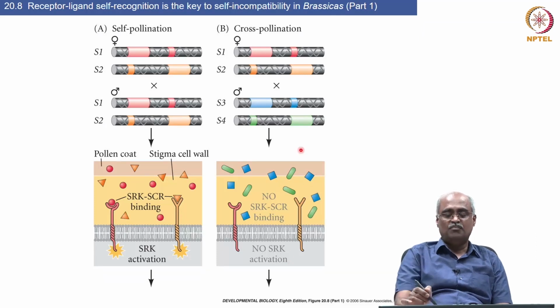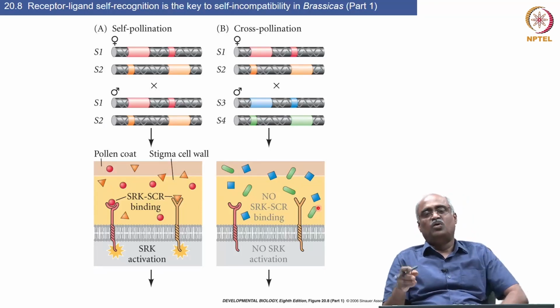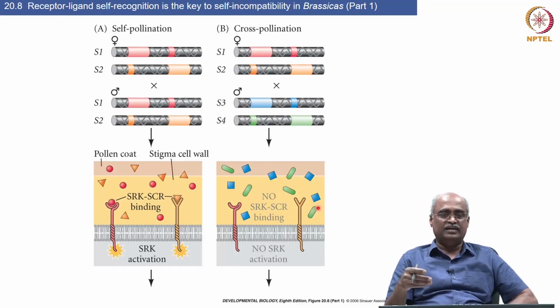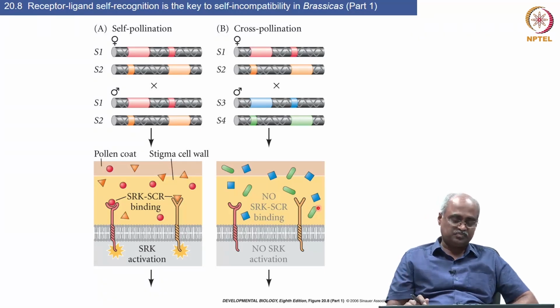So this is a compatible interaction in terms of successful pollination. This is another mechanism by which it works. So in summary, there are different kinds of biochemical mechanisms that help in avoiding pollen grains landing and successfully pollinating the ovules of similar plants or those carrying the same S locus allele.